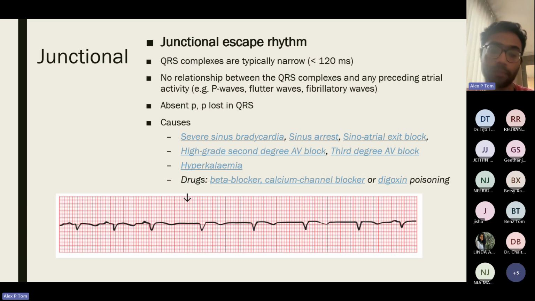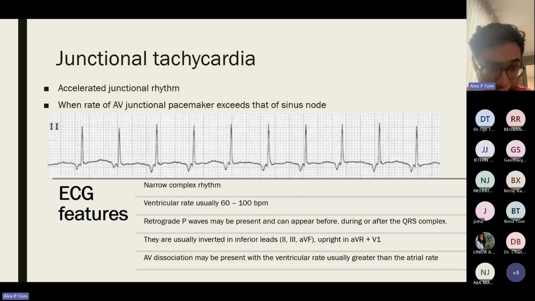If the heart rate is very low, causing symptoms and trouble to the patients, they will need pacing as definitive management. Junctional tachycardia is an accelerated junctional rhythm. Again, the same atrioventricular junctional pacemaker is commanding the electrical rhythm, with a ventricular rate of 60 to 100.